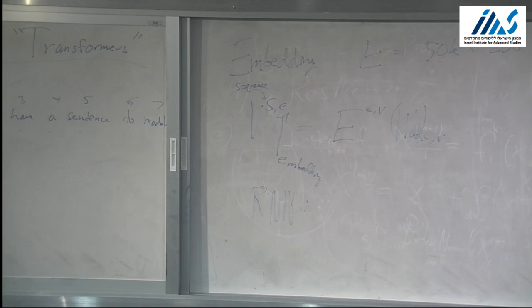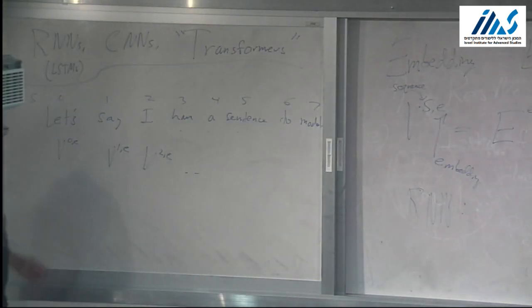I now have V0, E, V1, E, V2, E, etc., after acting with this embedding.